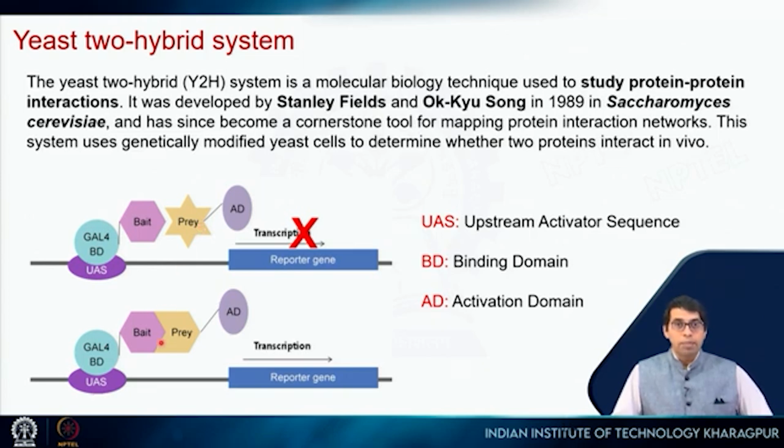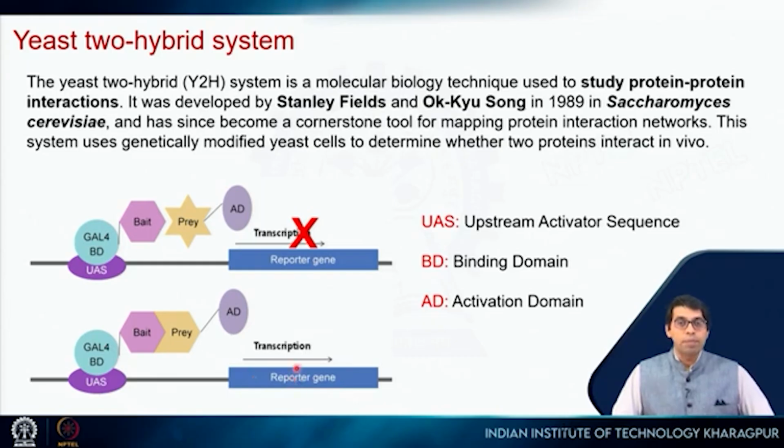If they interact, then bait and prey come together, so they are binding tightly. GAL4, the binding domain, will bind to this upstream sequence. So when it binds to this, and this is linked to it, it will bring in this activation domain and it will activate the transcription of this reporter gene.